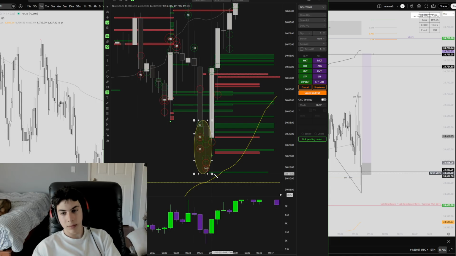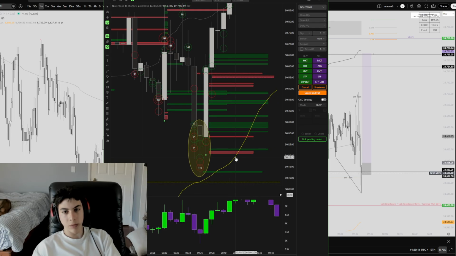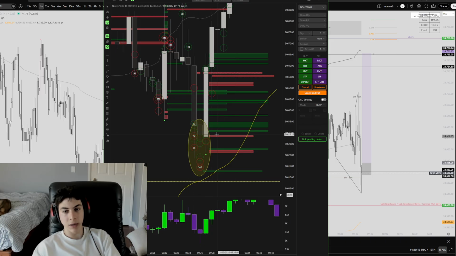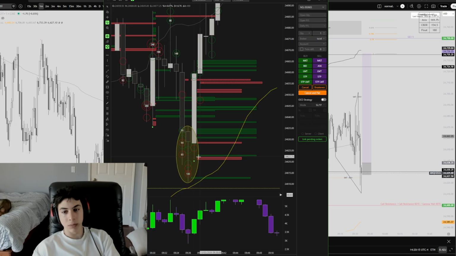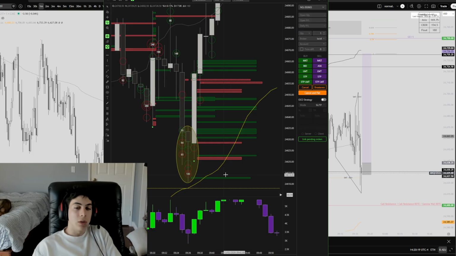We have a lot of sellers here, and the sellers just simply aren't getting rewarded. We can see that we're closing higher, we're wanting to continue higher. We're getting absorbed essentially. We have passive buyers, and our sellers aren't leading us anywhere. So why would we want to take a short around here?